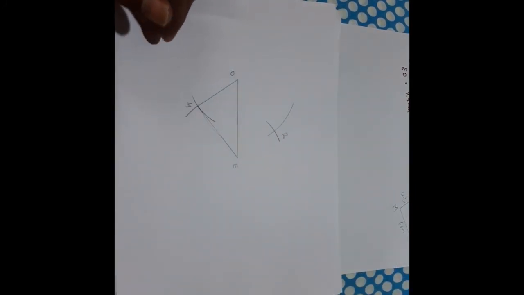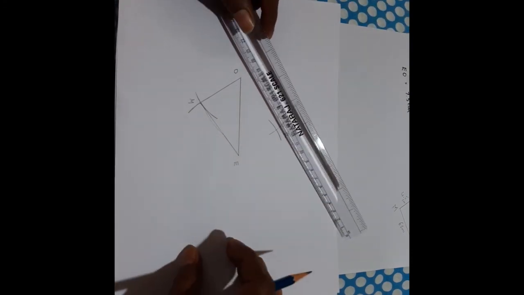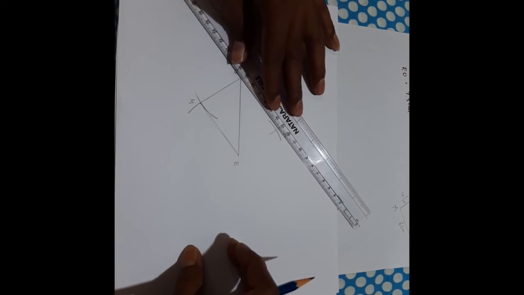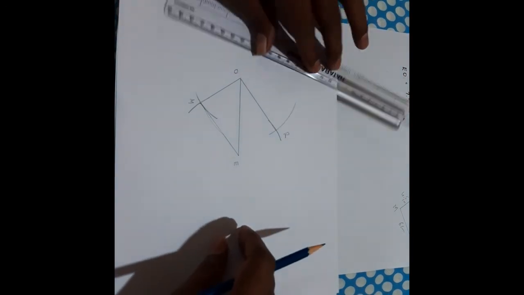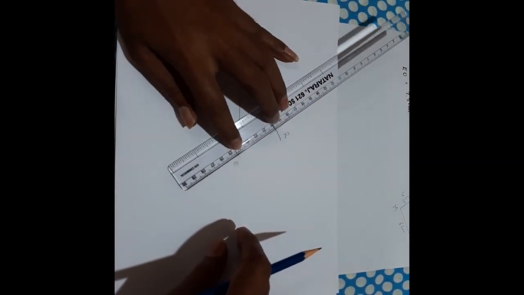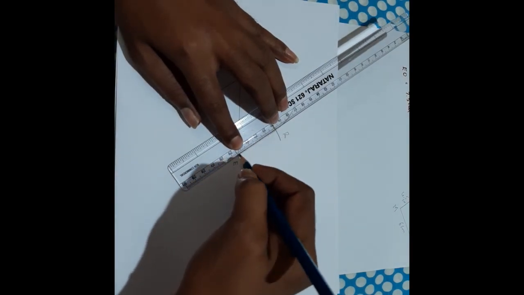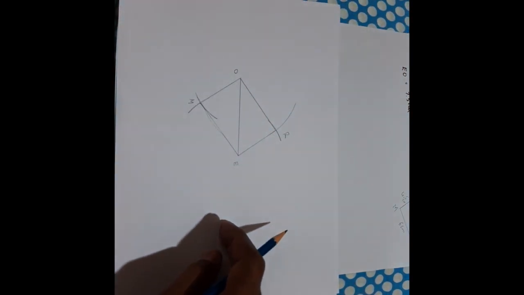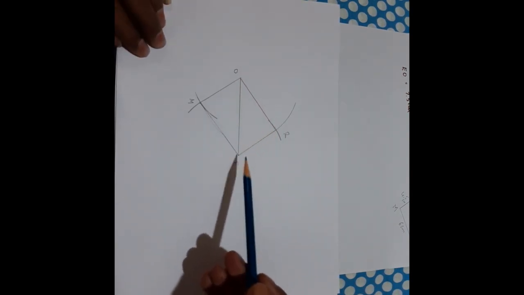Now join OR as well as RE. So here we got MORE in a clockwise direction.